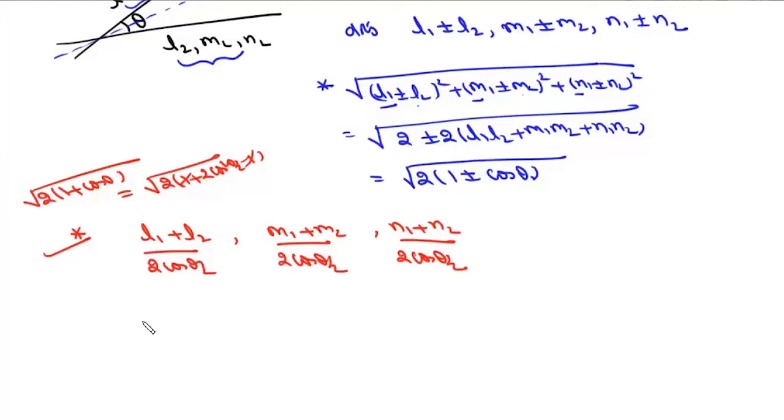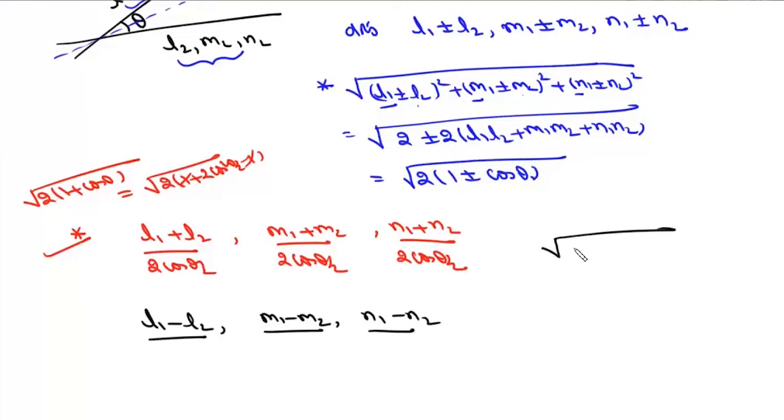And if we take this minus sign, then we'll have l1 − l2, m1 − m2 and n1 − n2, whole divided by, now if we take this minus sign, we'll have 2 and then 1 − cos θ. Now we'll write cos θ as 1 − 2sin²(θ/2).